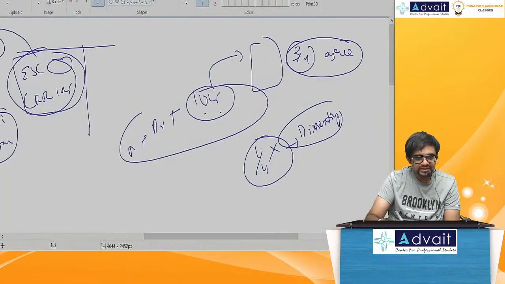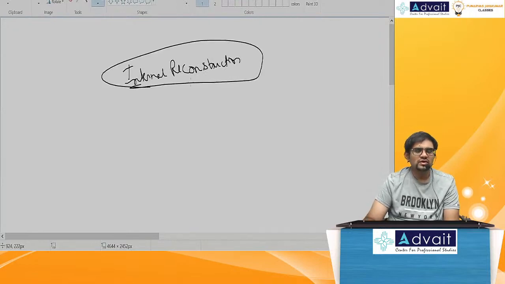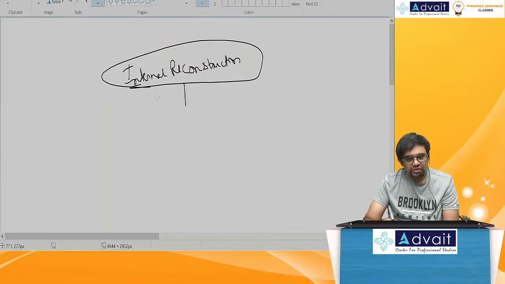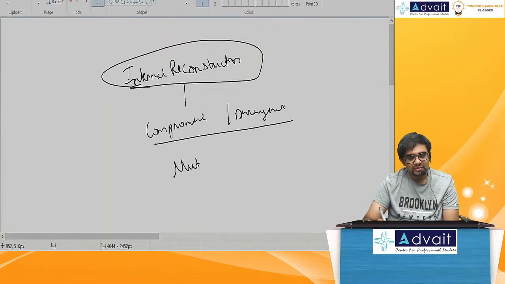Reduction of share capital is nothing but the internal reconstruction that you have studied in accounts or advanced accounts, one of those subjects. It can also be like a compromise or arrangement, where you make an arrangement with the shareholders and creditors, requesting them for some mutual concession.